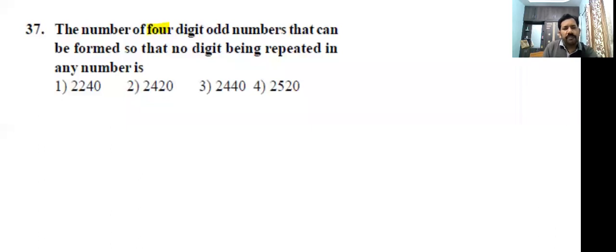The number of 4-digit odd numbers that can be formed so that no digit is repeated in any number. Observe the difference between the previous problem and the present problem. There, the digits 1, 2, 3, 4, 5, 6, 7, 8, 9 were clearly given.